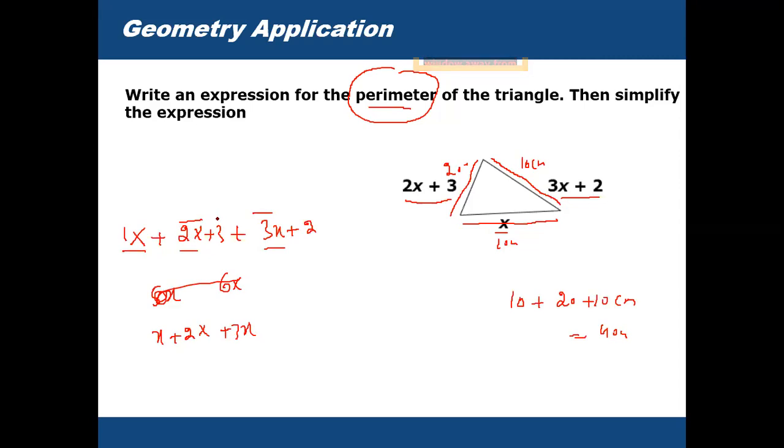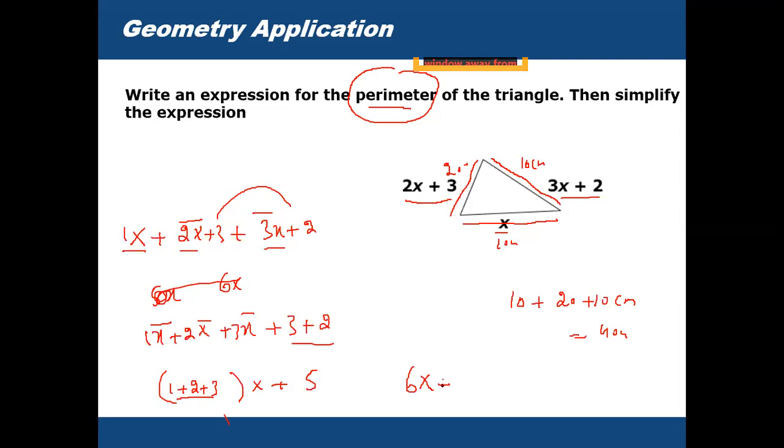Then we have the constants 3 and 2. Taking x common, the coefficients are 1 plus 2 plus 3, which equals 6, and the constants 3 plus 2 equal 5. So 6x plus 5.